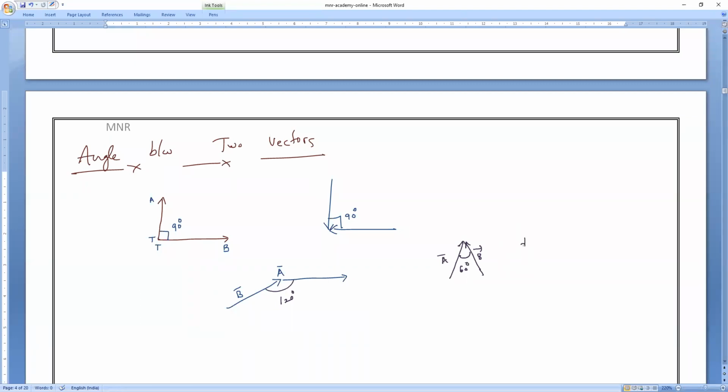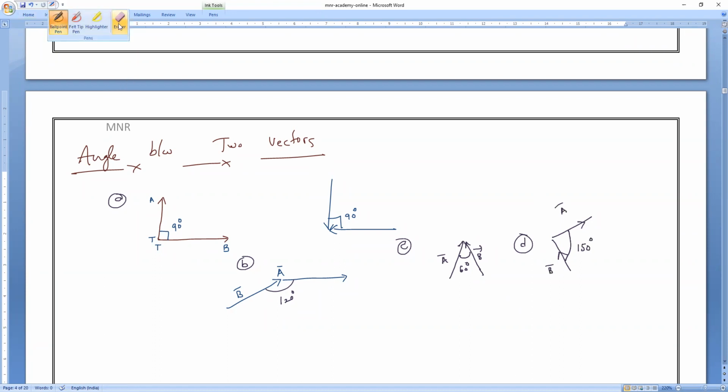Next, let me take one more example. This is A, B and this is D. Now if I take this as one vector and this as the other vector, the angle between the two vectors is how much, guys?